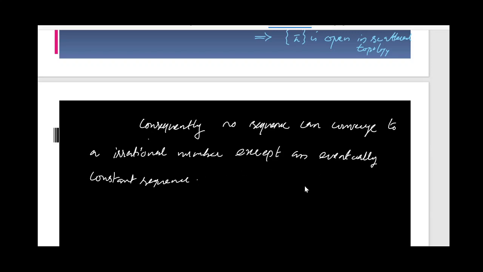The problem is this: suppose you have a sequence whose terms are root 2, root 3, root 2, root 3, and so on. This sequence may converge to either root 2 or root 3 or some other number.